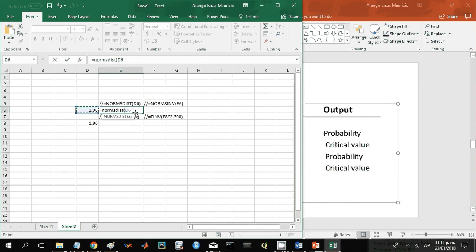Since it is positive, it's going to be something bigger than 0.5, and in fact it's going to be something really close to 1, that is this number.